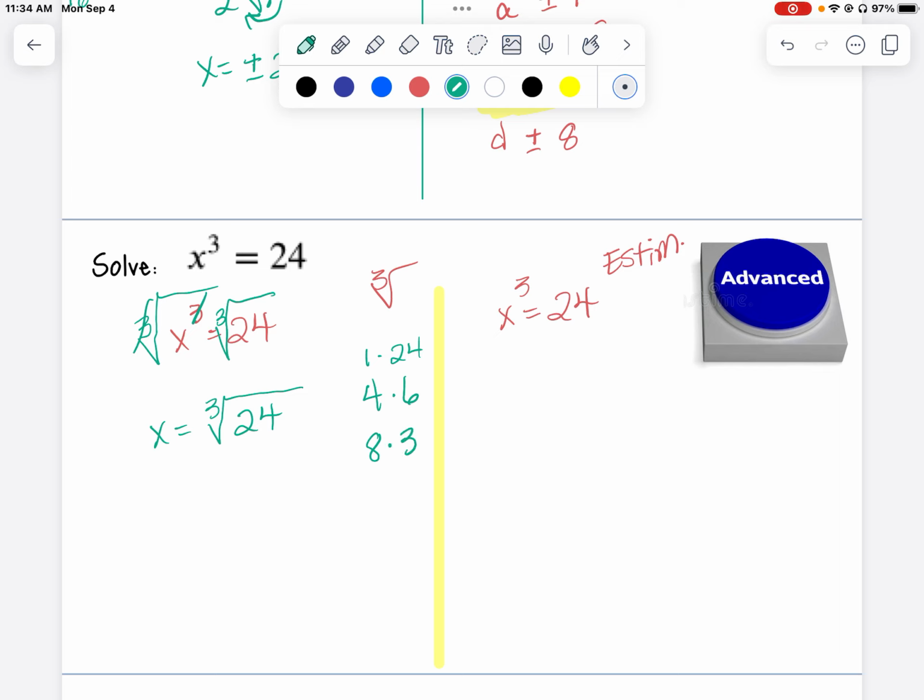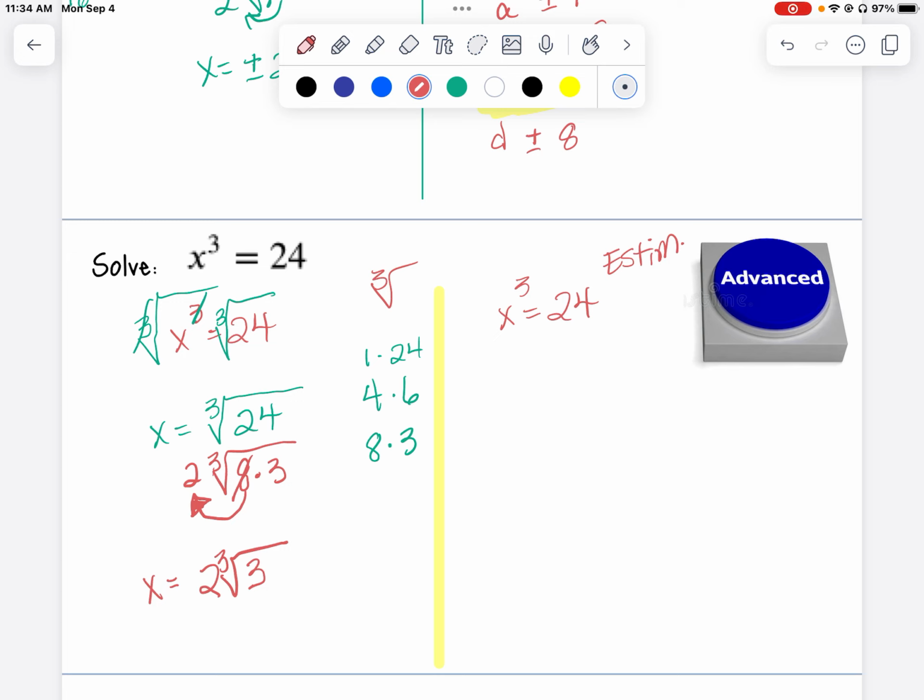And it's 8 times 3. So with me factor pairing 24 as 8 times 3, I can bring the 8 out front and take the cubed root of the 8 and get 2. And so I can write this in simplified radical form as 2 cubed root of 3.